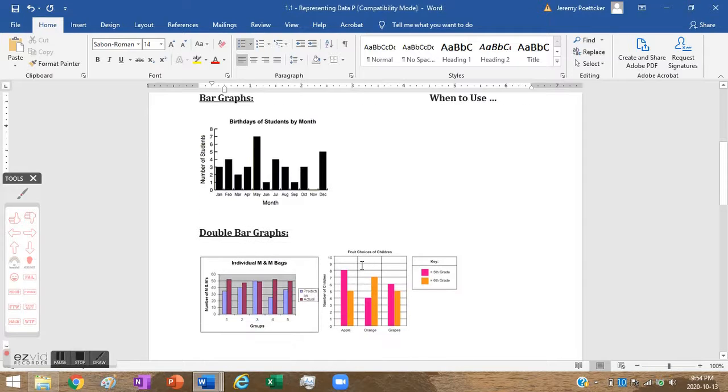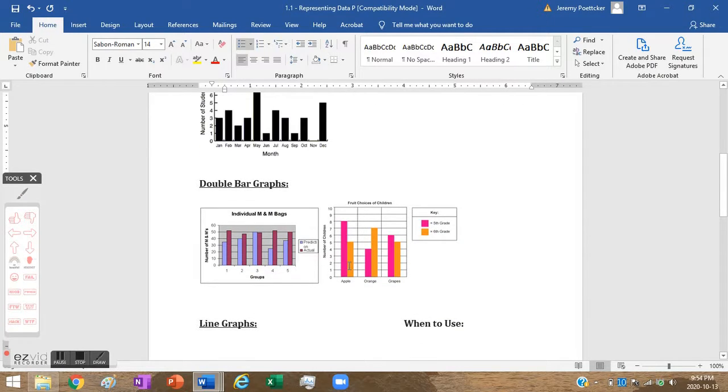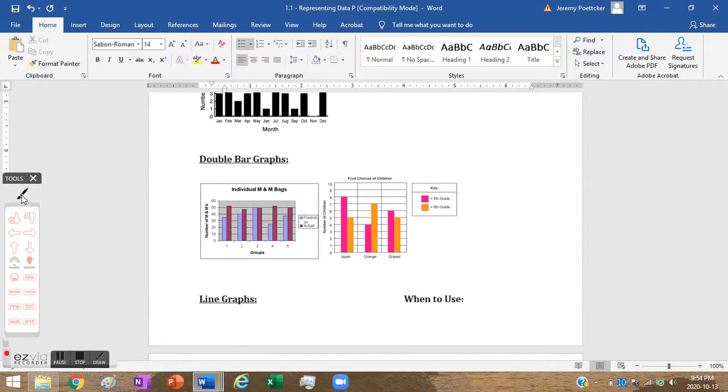Alright, let's move on. Double bar graphs. So let's take a peek. When should we use a double bar graph? There's not a lot of room here, I get that. 2 sets of data.